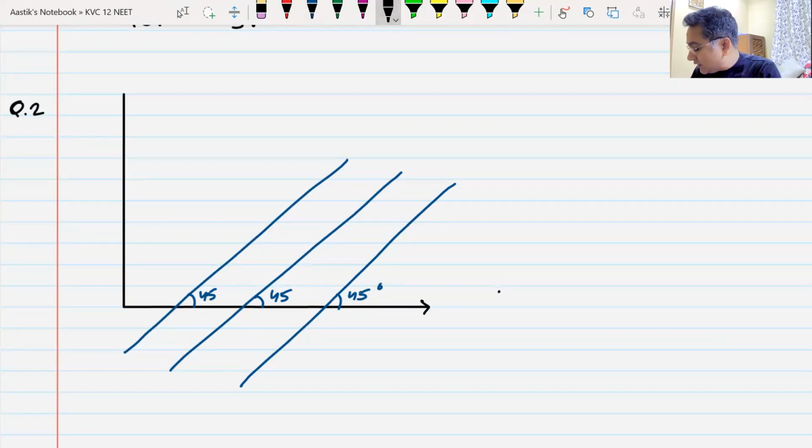This, as you can see, is X. And what I have drawn here are equipotential surfaces.